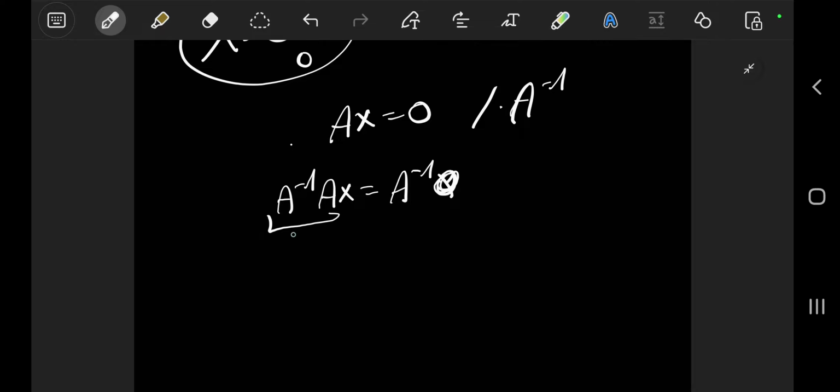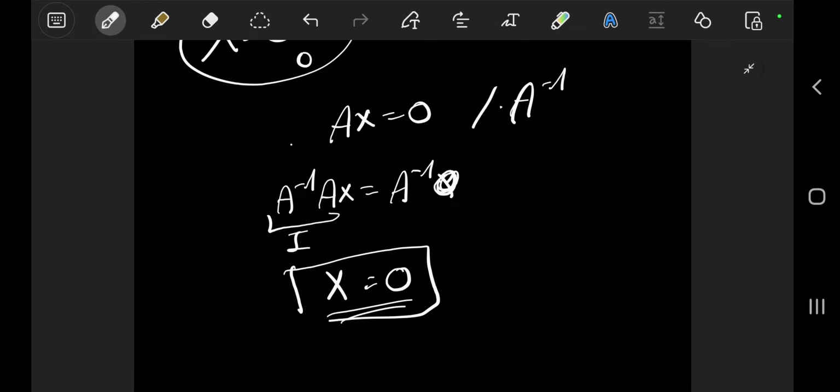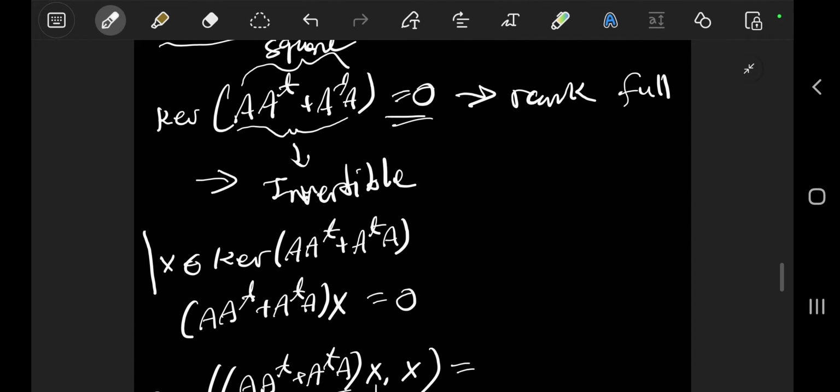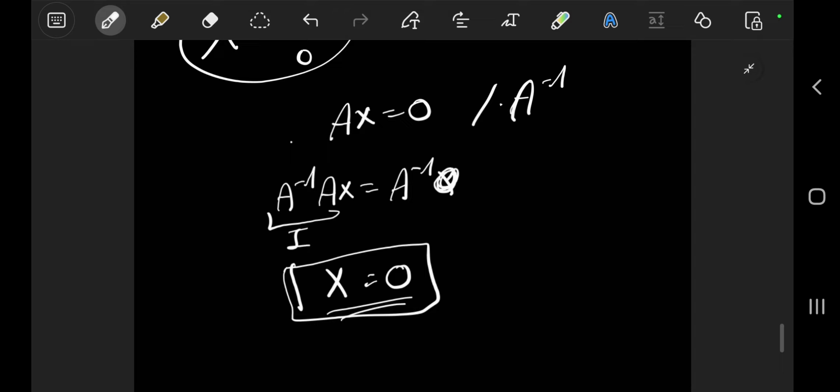From here we get I, so x equals 0. And this is exactly what we wanted: to show that the only vector in the kernel of this matrix must be the zero vector.